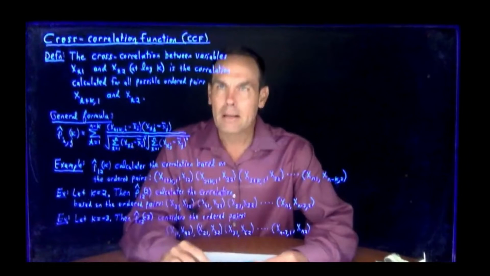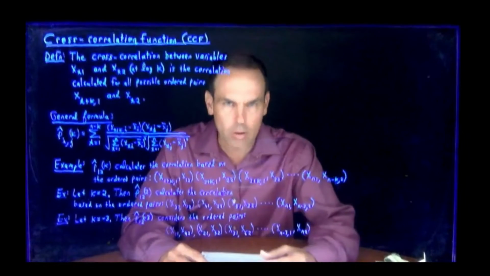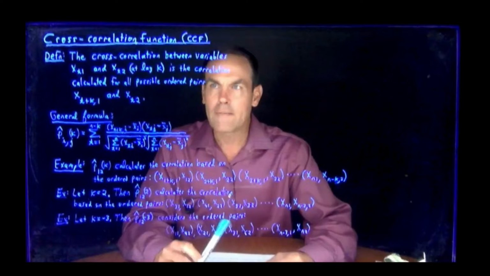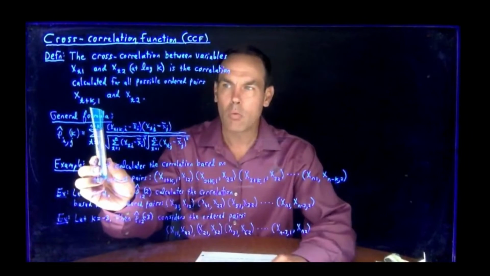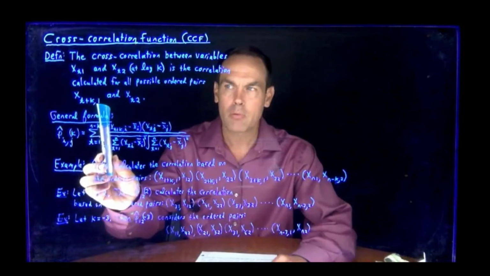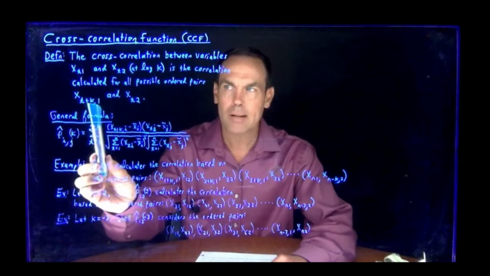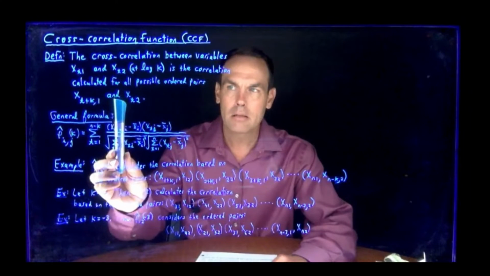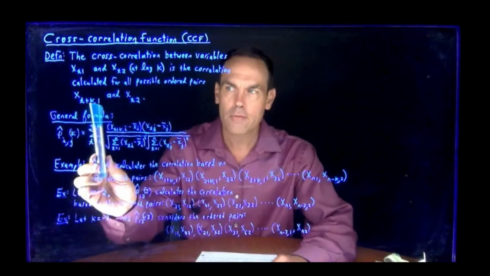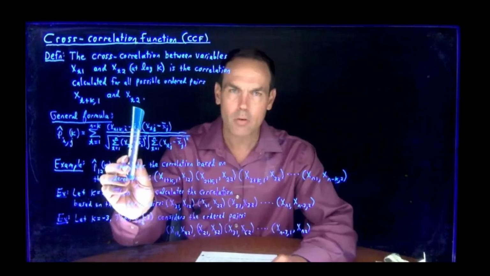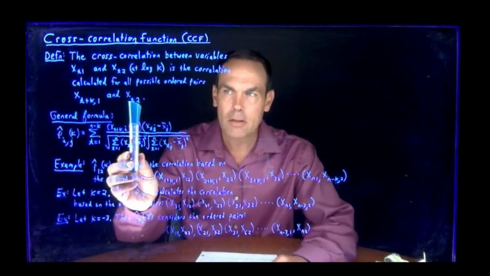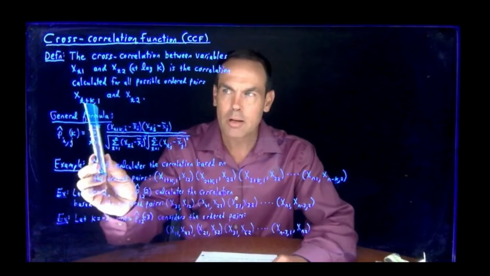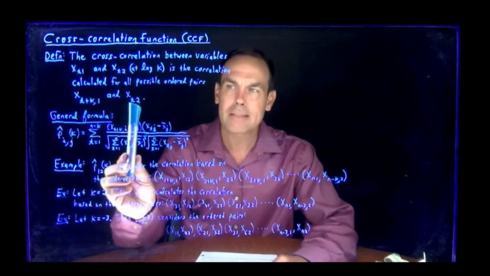At lag k is the correlation, the regular correlation coefficient, calculated for all possible ordered pairs (x_{t+k,1}, x_{t,2}), where k is the lag. Remember, it's an ordered pair: there's your first variable, comma, here's your second variable, x_t2, at time t. Notice that the first variable has, for the first subscript, the time plus whatever the lag is.